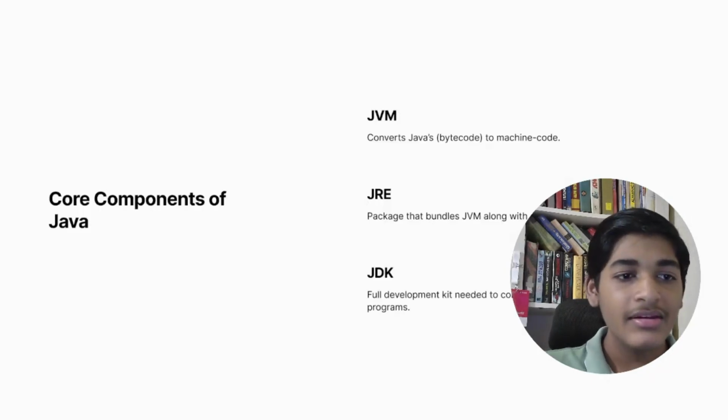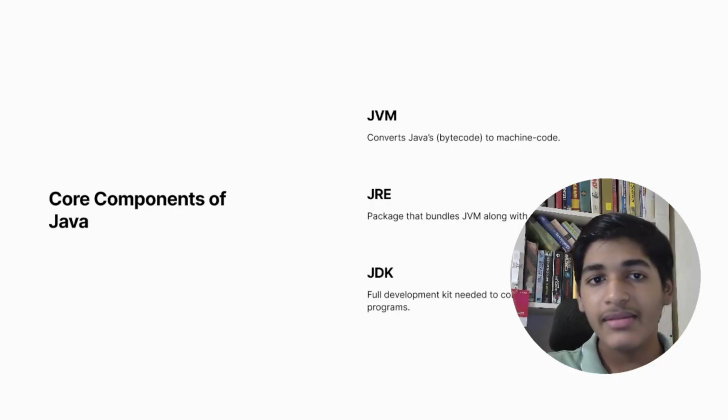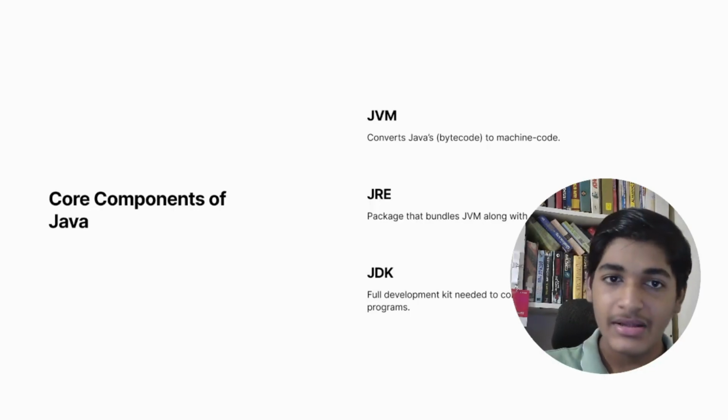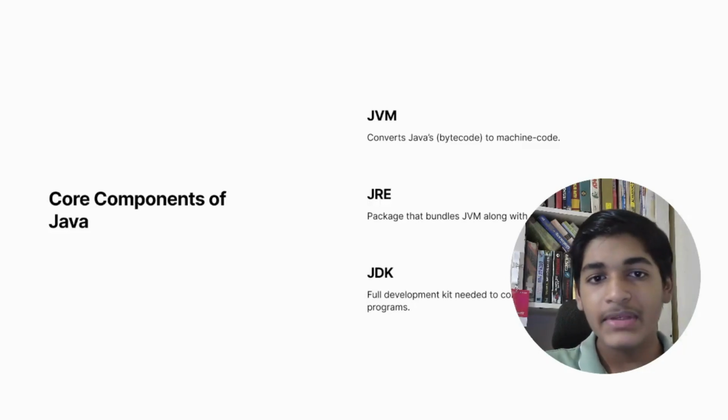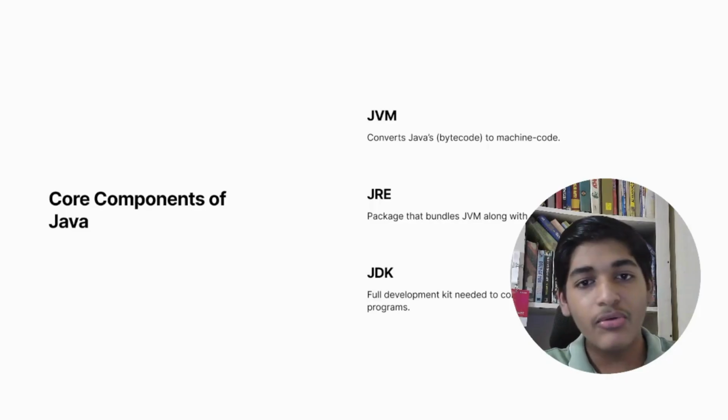So let us know about the core components of Java. Basically, Java has three core components. The first one is JVM, which stands for Java Virtual Machine. So what does JVM do? JVM converts Java's bytecode into machine code.